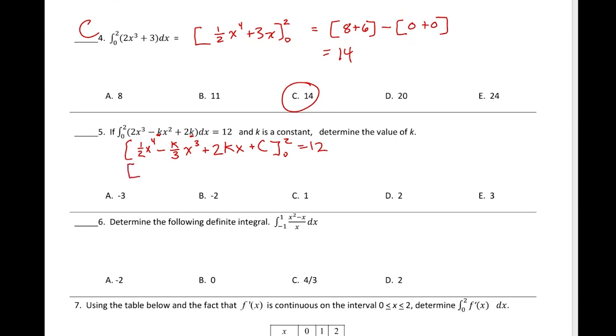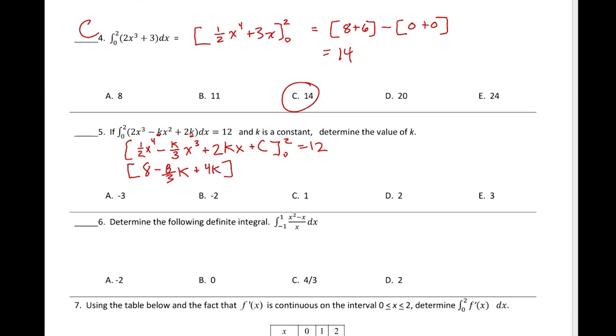So the first one is going to be 1/2 times 2 to the 4th. We did that back on number 4. So that's just going to be 8 minus, let's see, 2 cubed is 8. So we have 8/3 k plus 2 times 2 is 4, so plus 4k.